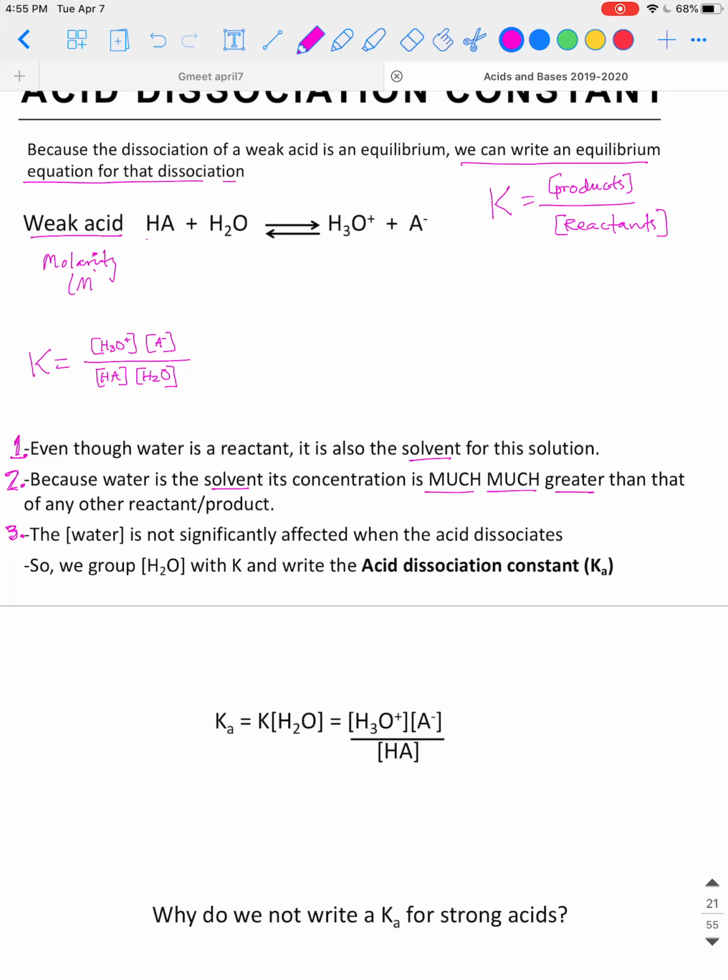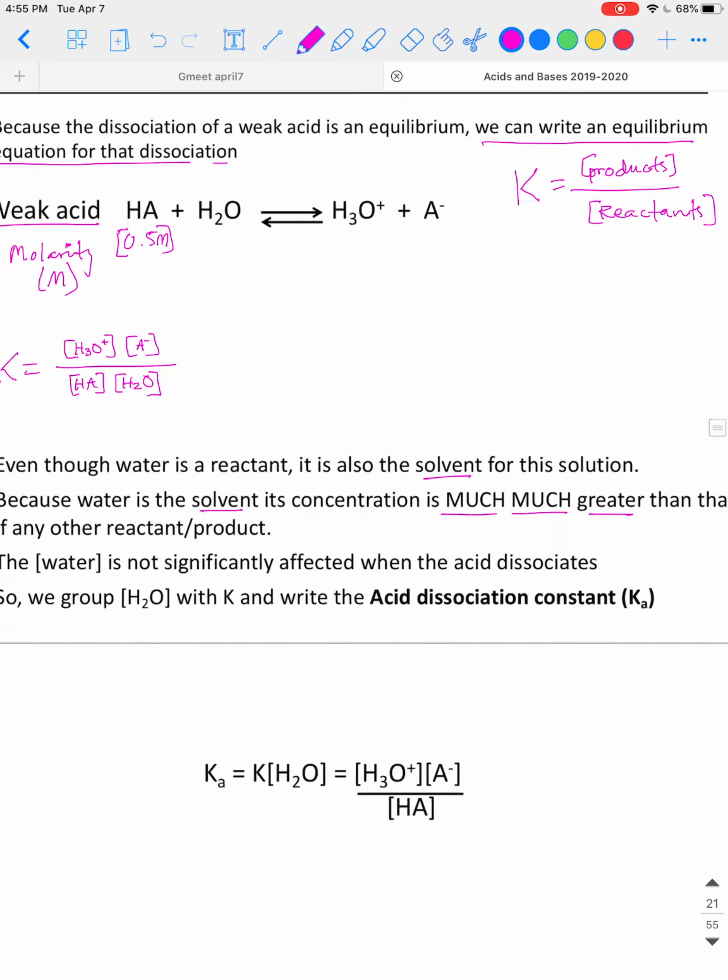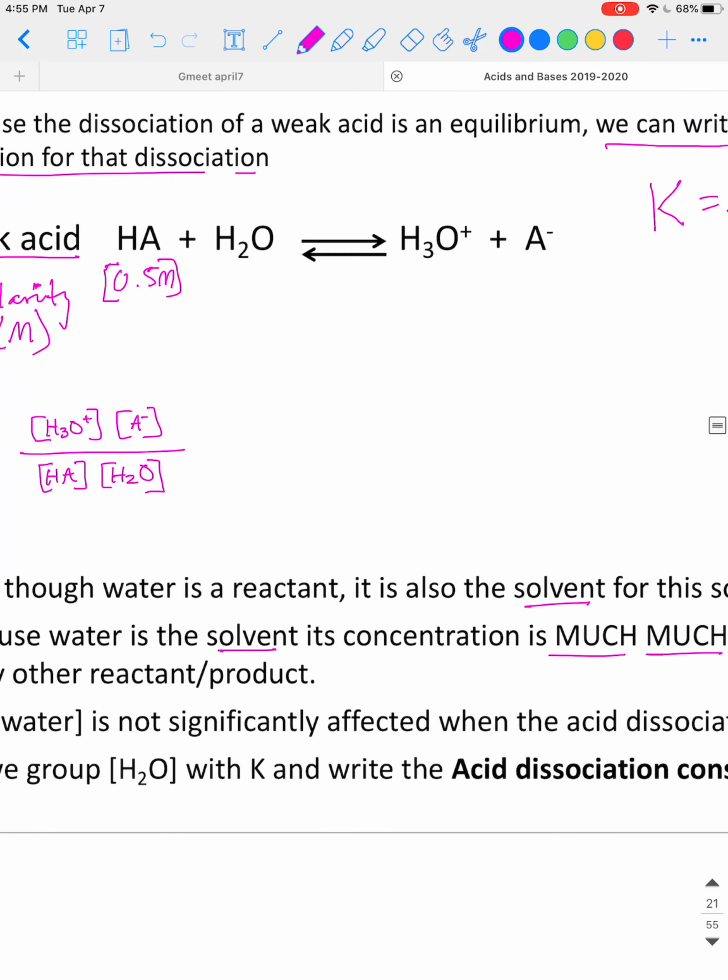We abbreviate molarity with an M. So let's say our concentration of the acid is like 0.5 molar. Put brackets around that. Well, what that would mean for water, because we have so many more water molecules, we have a ton of water in this reaction because it's the solvent too.